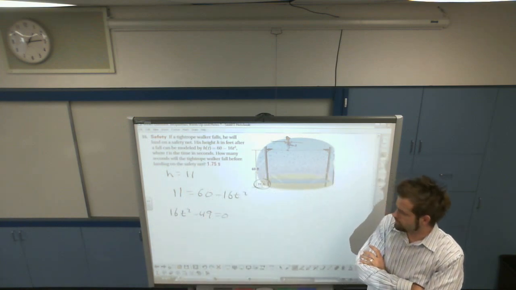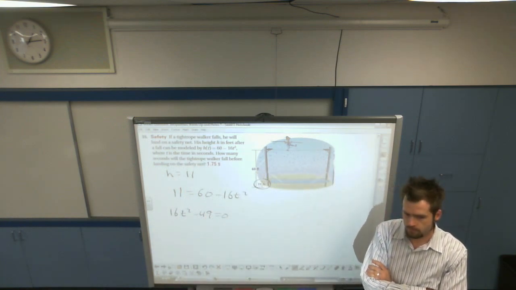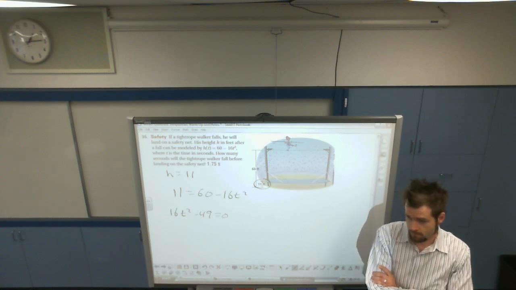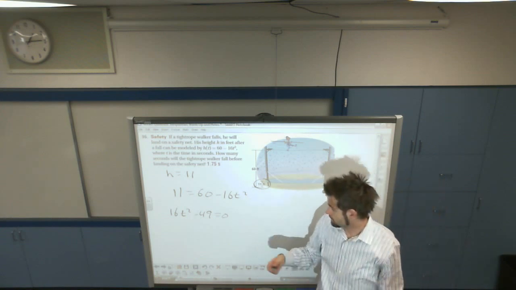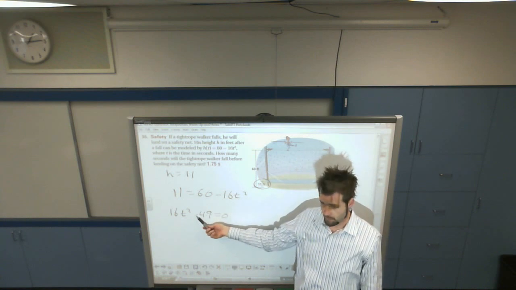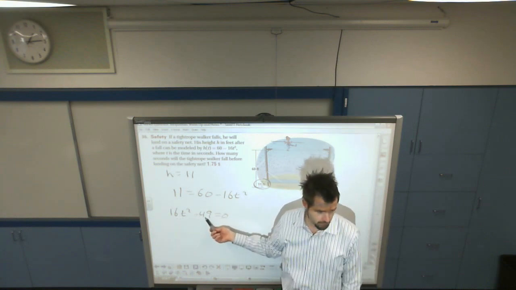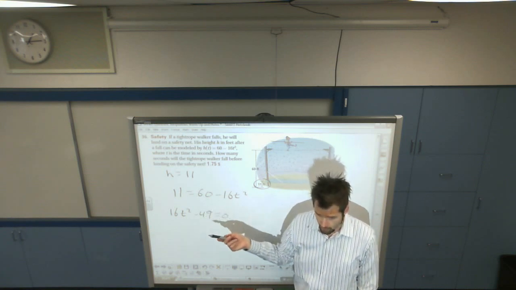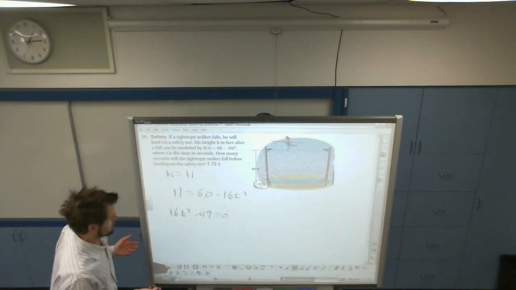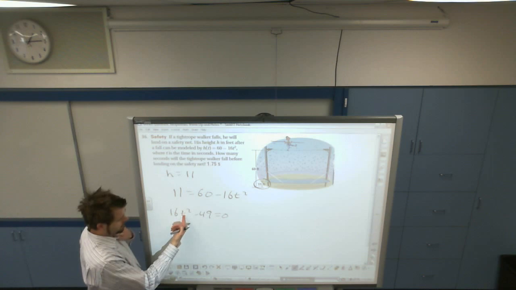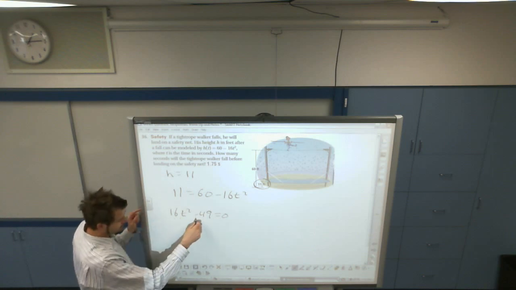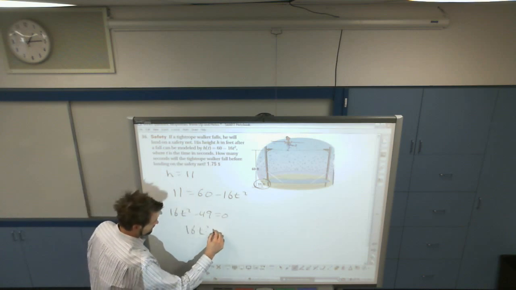Is the quadratic equation the most efficient way to do this? Not even close. First of all, this factors, guys. This is a difference of two perfect squares. So you could factor this, or, even simpler, since there's a t squared but no t, you can get the t squared alone.